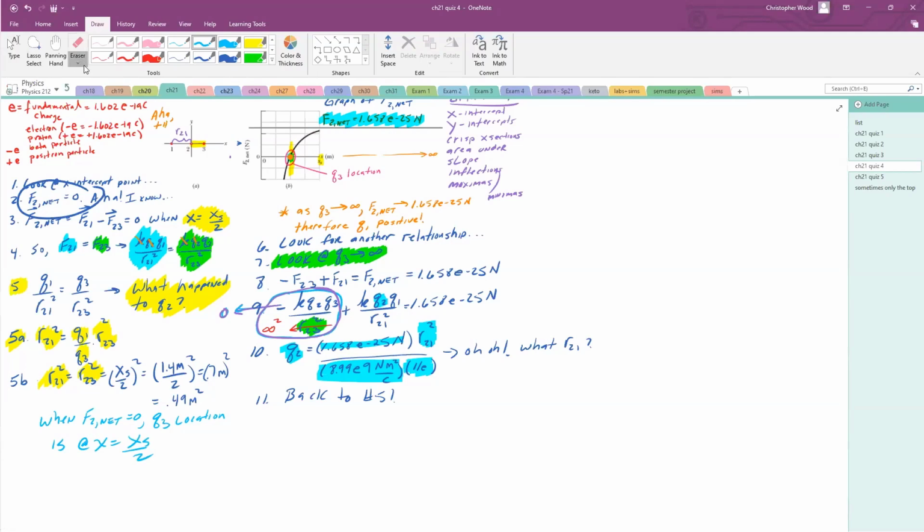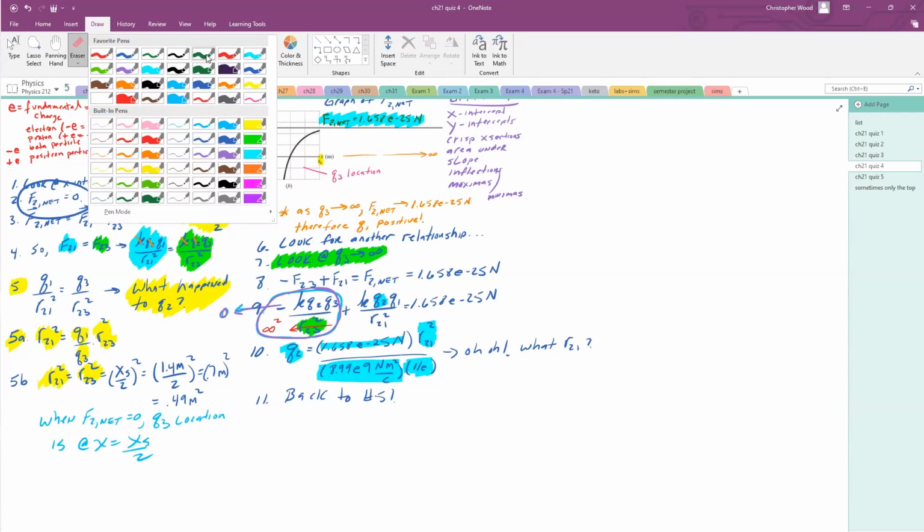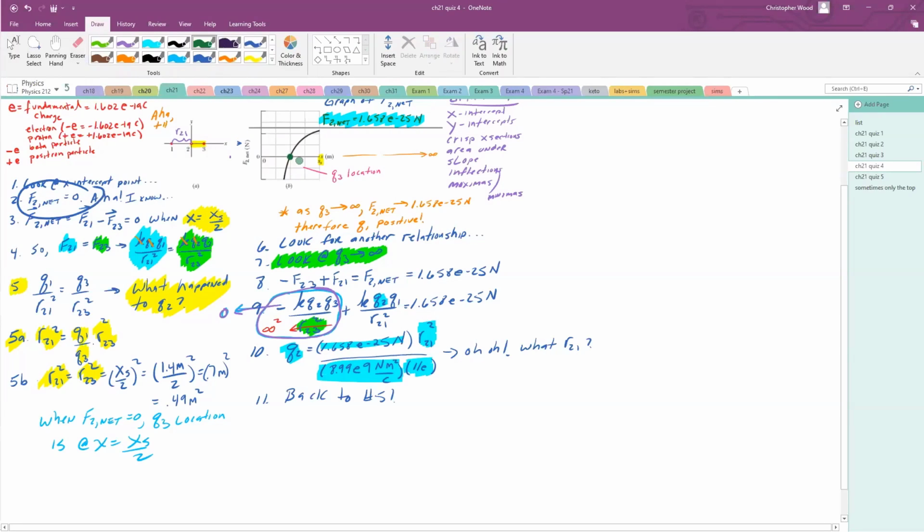It's right here on the graph at this point. So I am very much focused on that green dot. All right, so I think that's right. Particle 3 is at that location when there's no net force on particle 2.